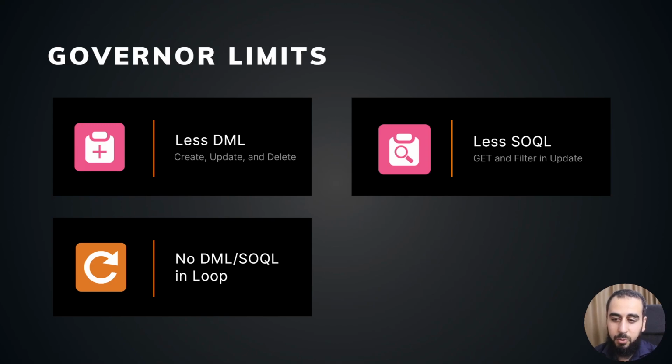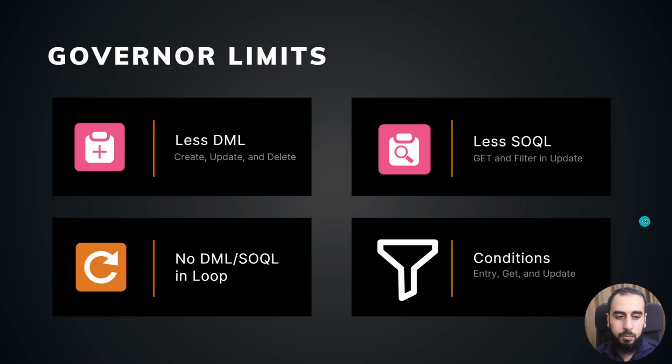The other problem with this is CPU time. Having complex logic, DML statements, or SOQL queries inside loops takes time, and the more time you use, the closer you get to the CPU time limit. And it's generally a good thing to reduce complexity. In regards to governor limits in particular, let's not use DML or SOQL queries inside loops.